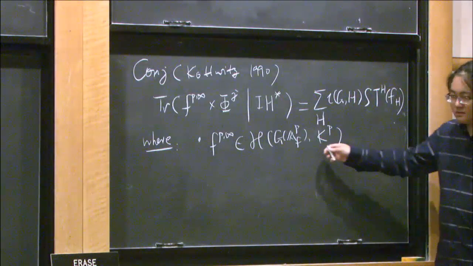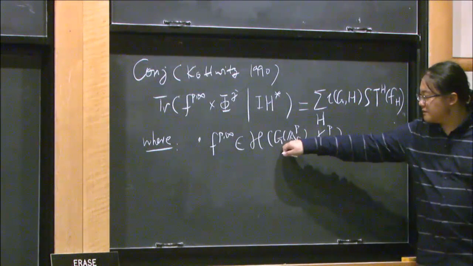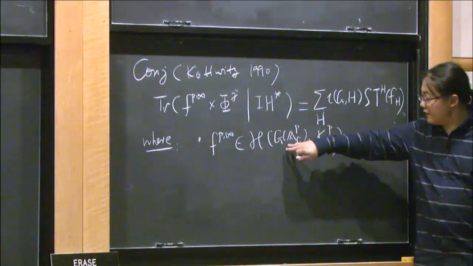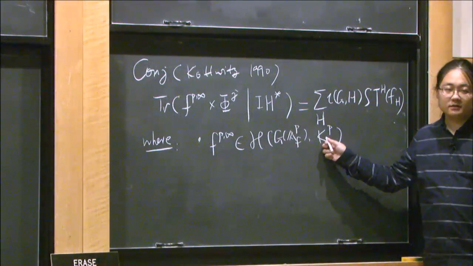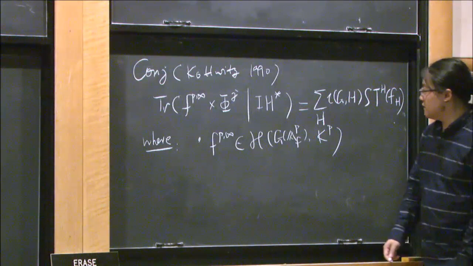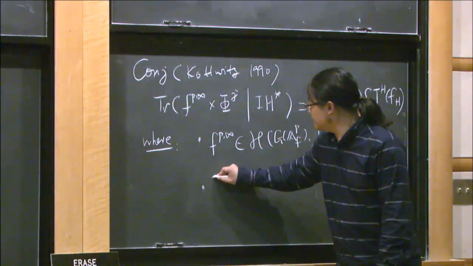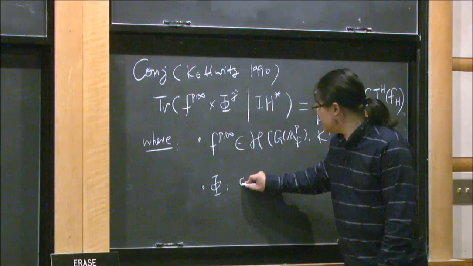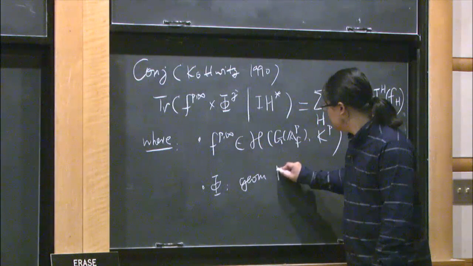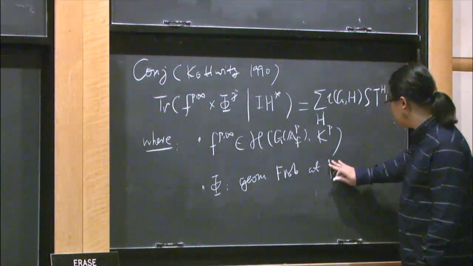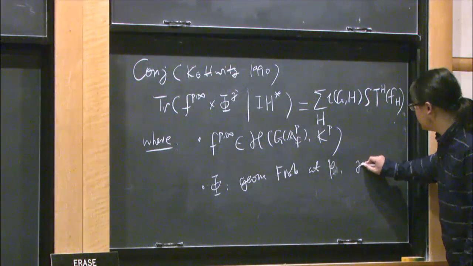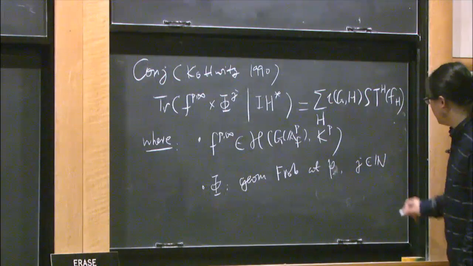By definition, it's simply a function on the A_f away from p points of G, which is bi-invariant under K upper p. And this phi is the geometric Frobenius at p, and j is a positive integer.